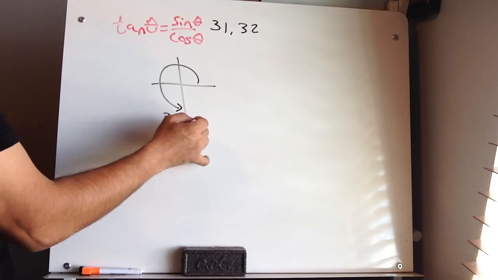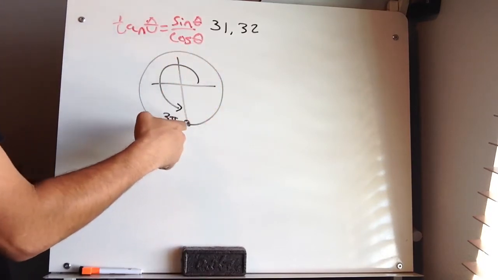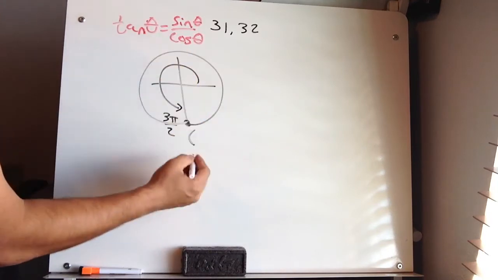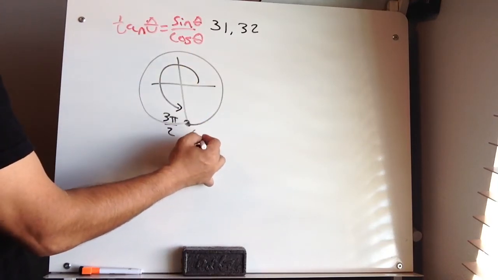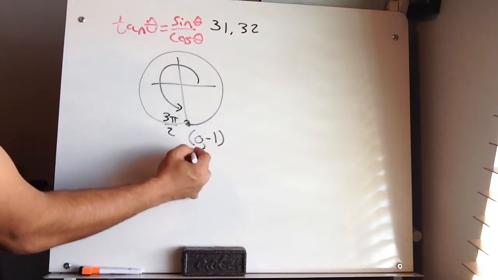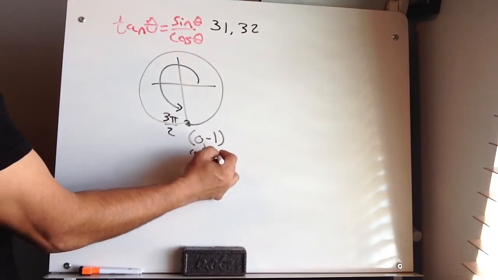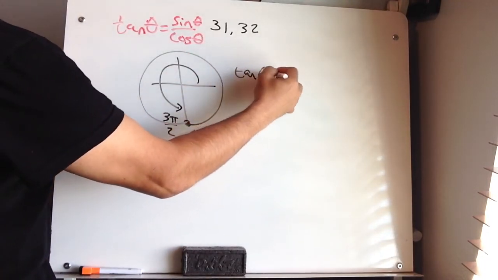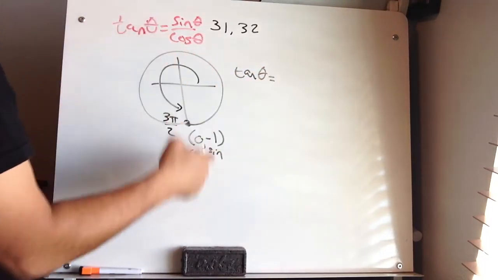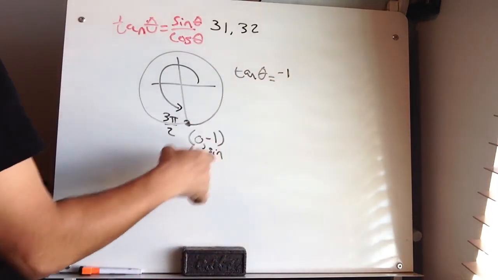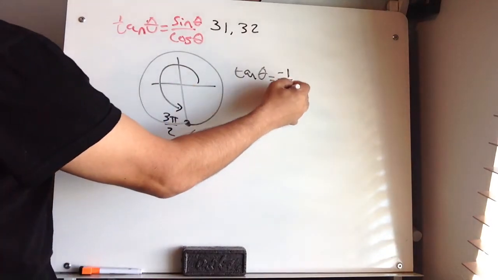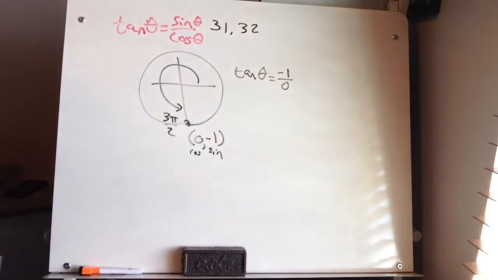This is not on a quadrant, it's in between. This is at (0, -1). To find tangent theta, you write sine, which is -1, over cosine, which is 0. If I put this in my calculator, it's going to give me undefined, an error every time.